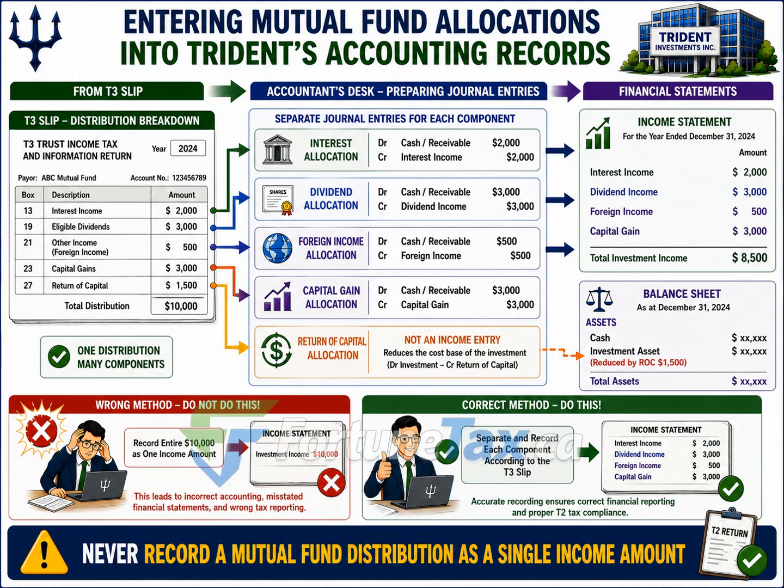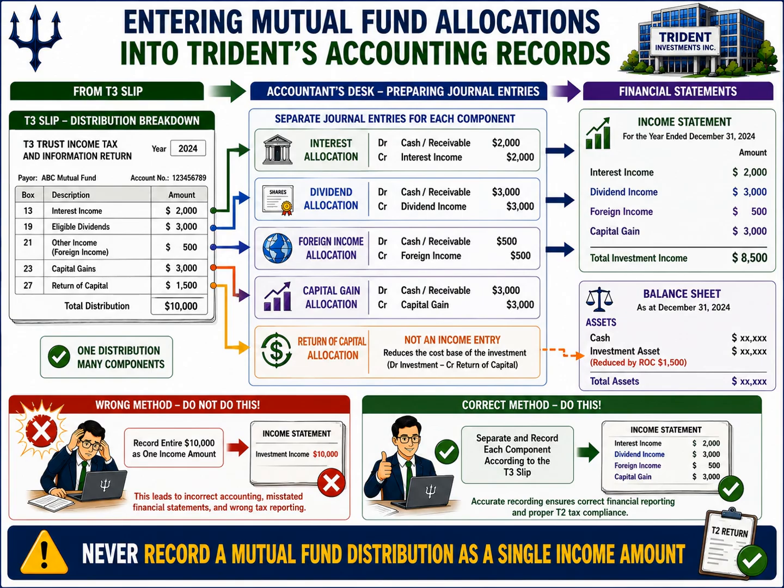As a result, return of capital does not increase revenue. Instead, it reduces the carrying value or cost base of the investment asset on the balance sheet. This treatment is completely different from interest, dividends, foreign income, and capital gains. That is why return of capital must always be identified separately.